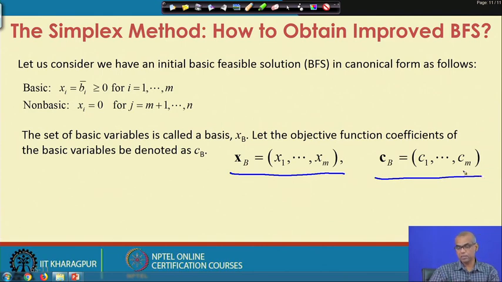So, cB is the vector with components c1, c2 up to cm, the objective function coefficients for basic variables.